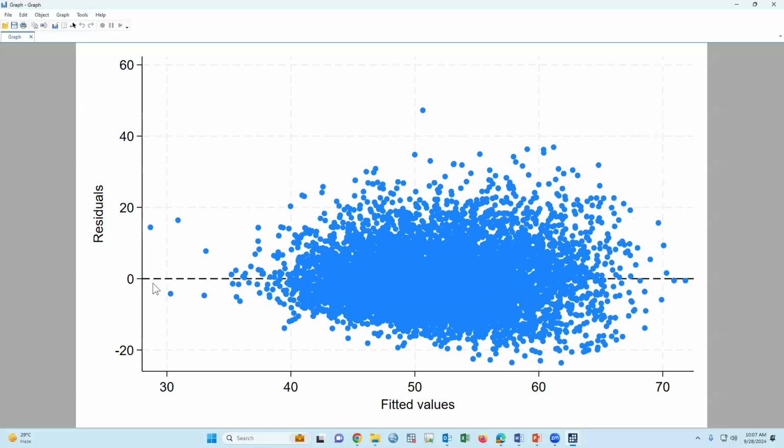If we get a parallel band in the middle of the scatter plot of residuals versus fitted values, that is, a scatter plot between residuals and fitted values, and there is a constant relationship, then we can say that the homogeneity assumption holds.